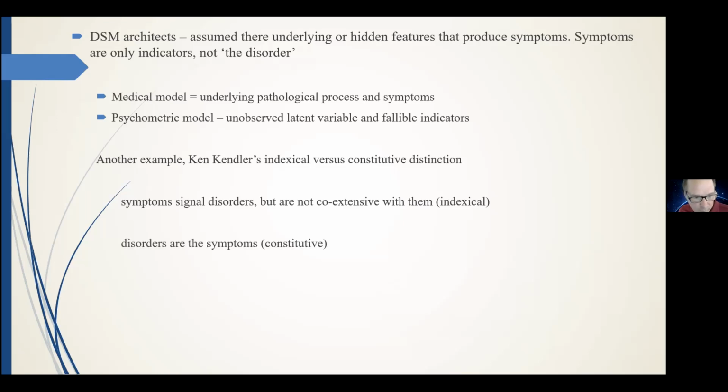In the constitutive model, disorders are the symptoms. So there's nothing to depression above and beyond the symptoms. And if you meet criteria, then you're depressed, period. That's what it means to be depressed. And that could also mean that if you have different criteria, then you have different kinds of depression. Now, in the indexical model, again, there's 126 ways to indicate major depressive disorder, but not 126 disorders.